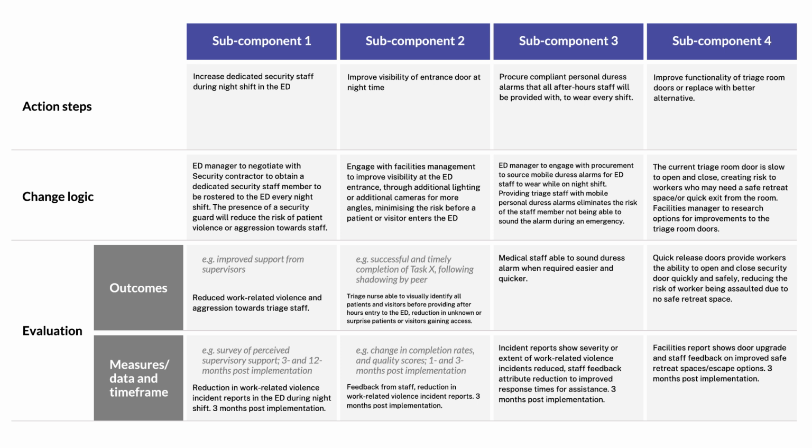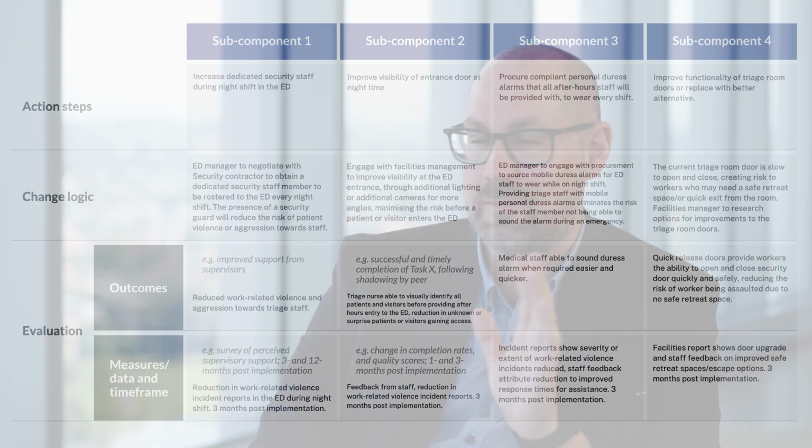There's lots of ways to do that. It doesn't just have to be feedback from staff. It doesn't just have to be surveys. There's lots of creative ways of using the data that you've already got in your organisation. There's loads of data in most organisations that you can use that can help you with that evaluation.